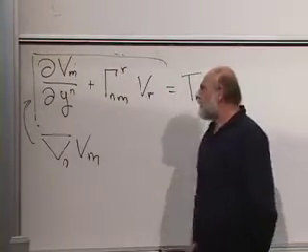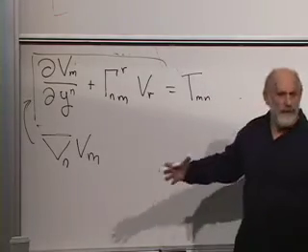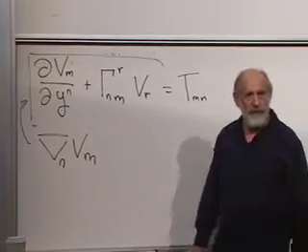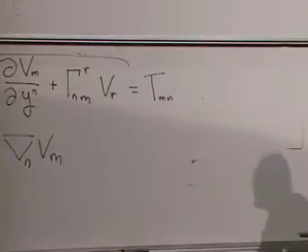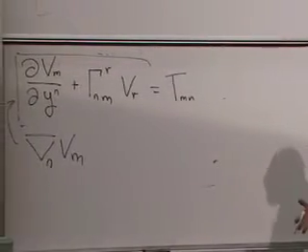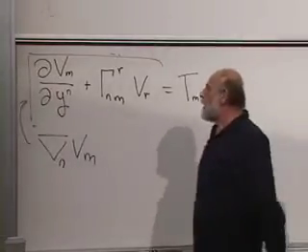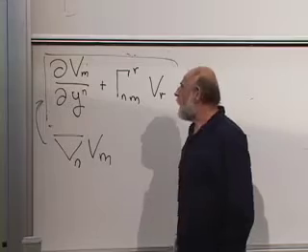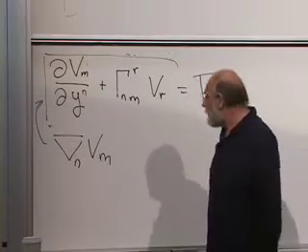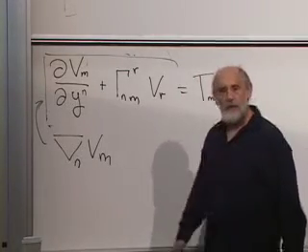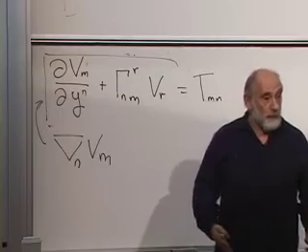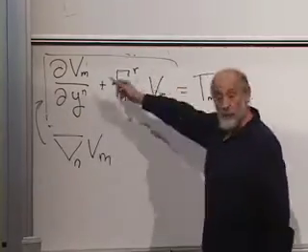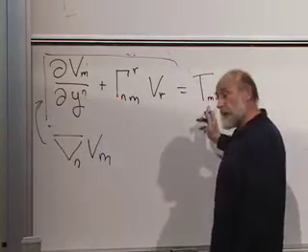The left-hand side could be the derivative of some electric field. The right-hand side could be some other tensor of a particular physical character. And we might have an equation which says that the covariant derivative of the electric field is equal to some tensor. Will it be true in all reference frames? Yes, if the left-hand side is a tensor and transforms as a tensor, and also the right-hand side.